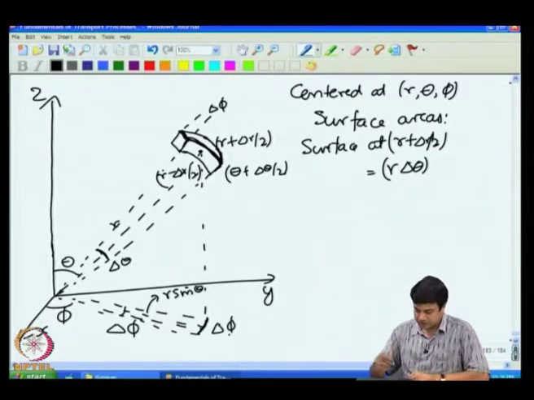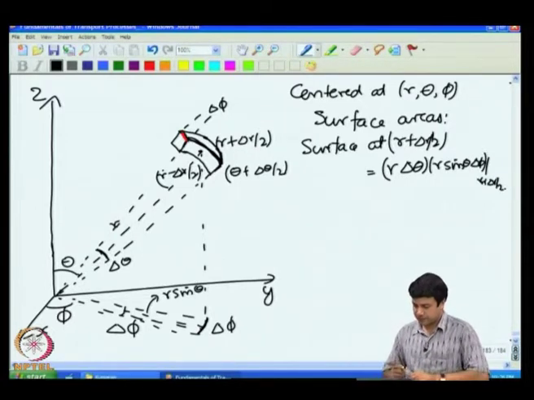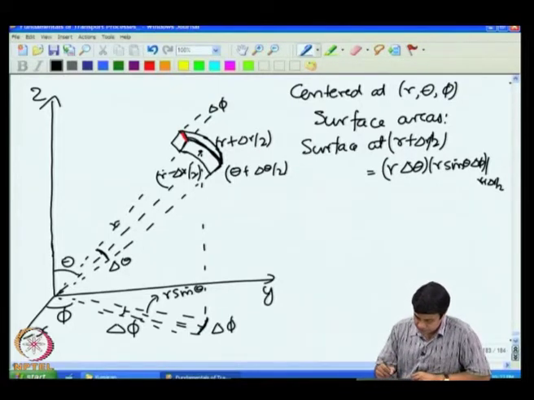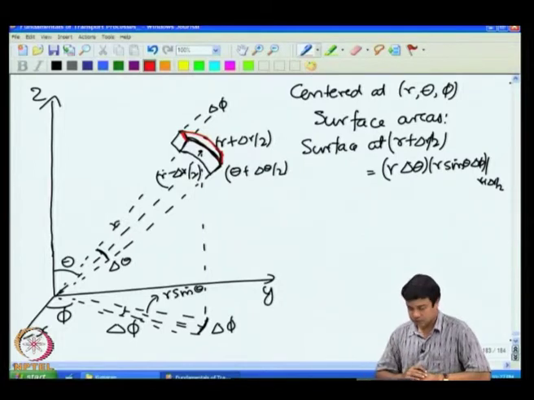So, the distance in the phi direction is going to be equal to r sin theta delta phi at r plus delta r by 2. So, this is the surface for which I have now written the surface area. The surface at r plus delta r by 2 is going to be equal to r delta theta times r sin theta delta phi, at the radius r plus delta r by 2.